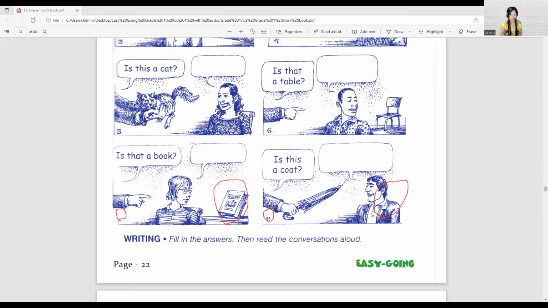Umbrella starts with a vowel, so we say an umbrella. Is this a coat? No, it isn't. It is an umbrella.